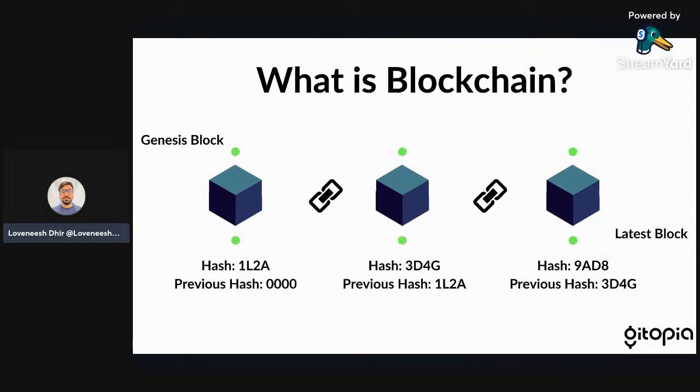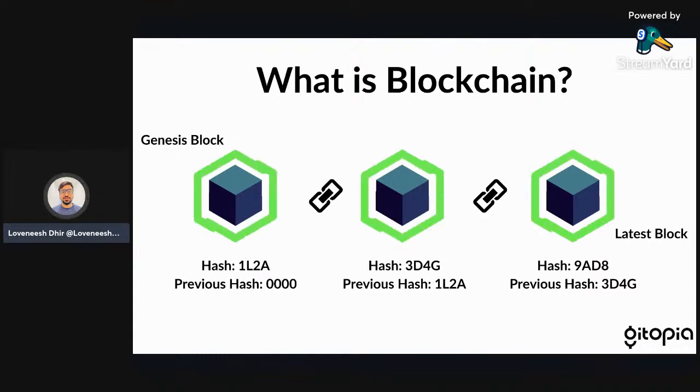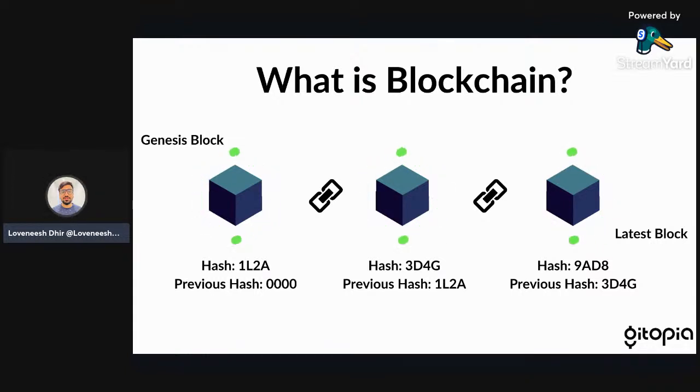So blockchain, as I already told you, is immutable. Immutable implies that it is unchangeable, and a transaction or a recorded file over blockchain cannot be changed.